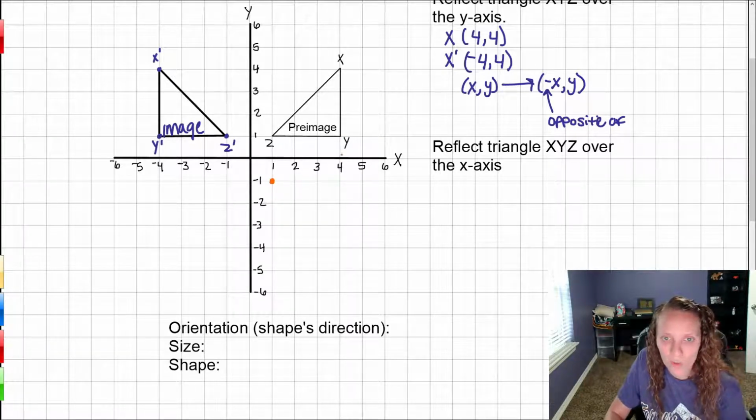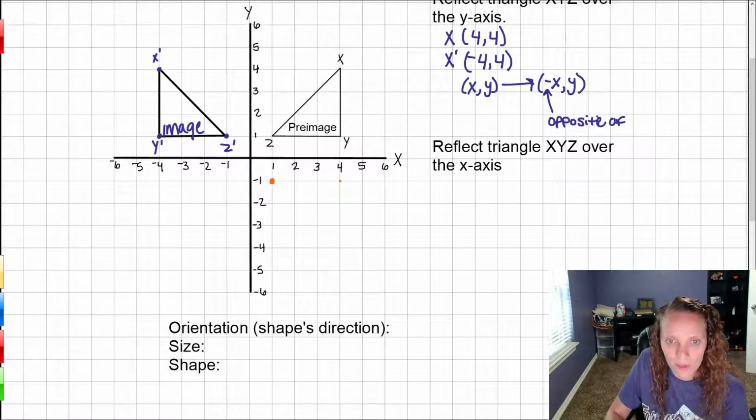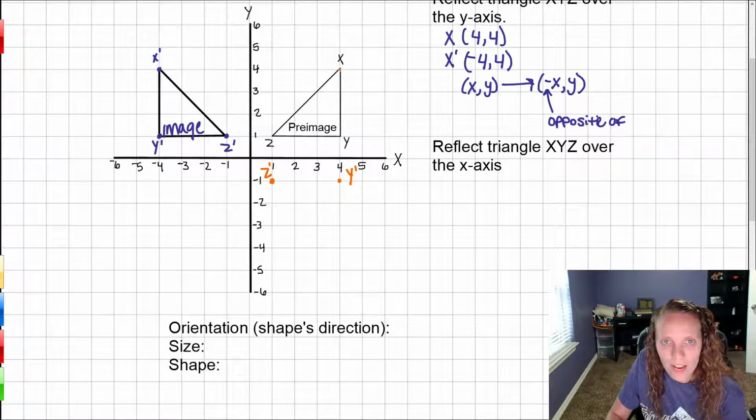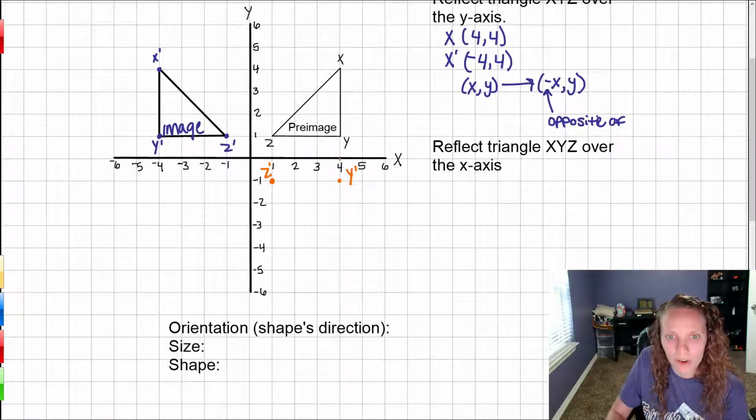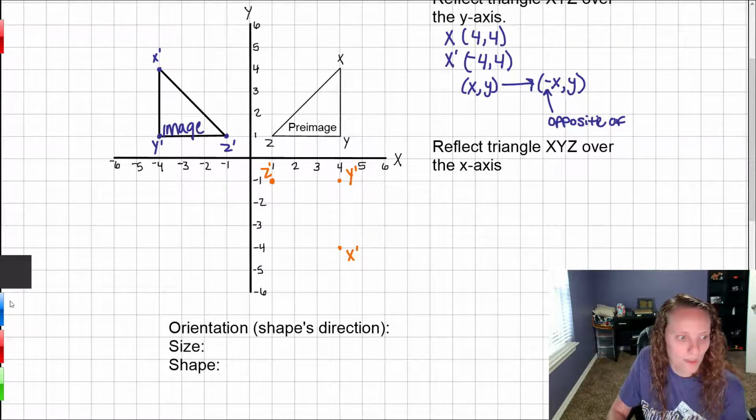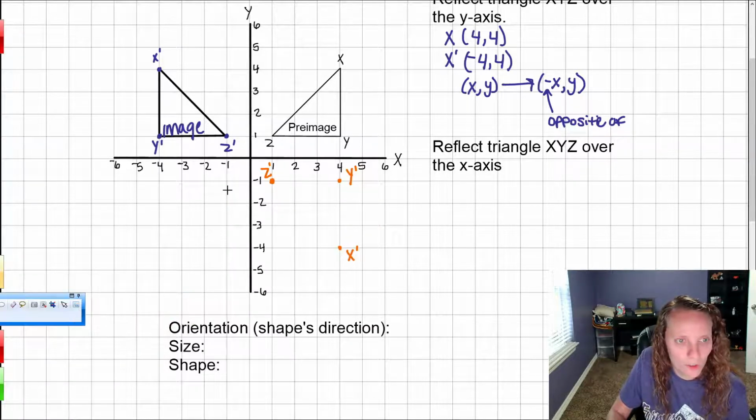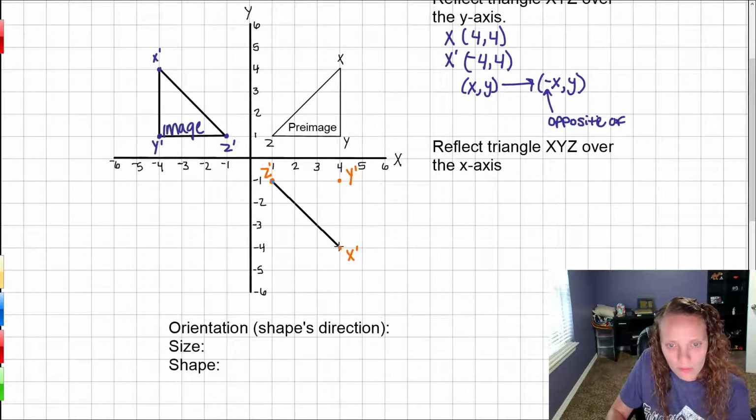Y is a distance of 1 away from the mirror, so we'll count 1 down. So this is now z prime, and this is y prime. And x is, let's see, 1, 2, 3, 4 away, so we'll count 1, 2, 3, 4 down, and this is now x prime. And when we connect the dots, this forms our new image.